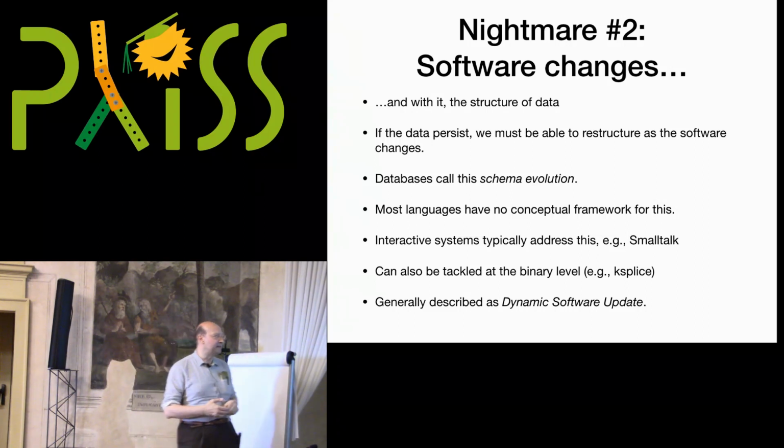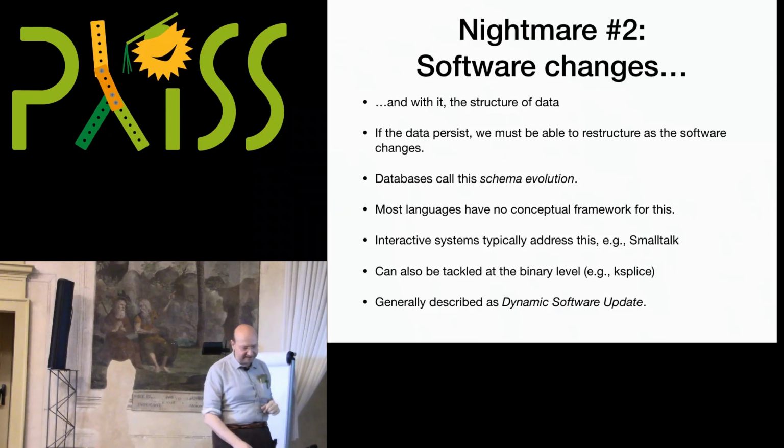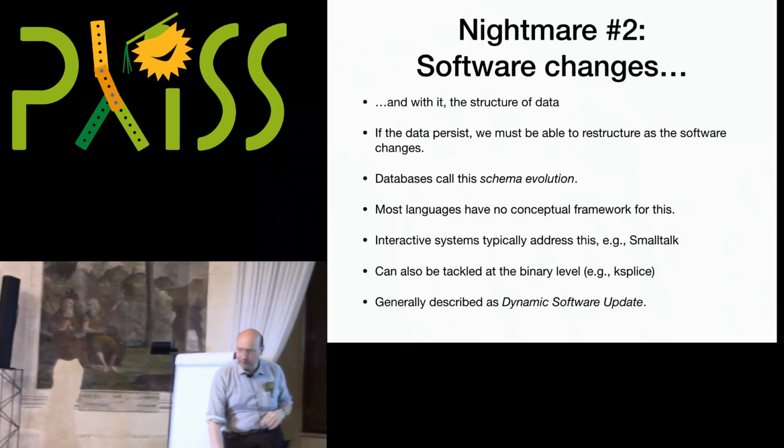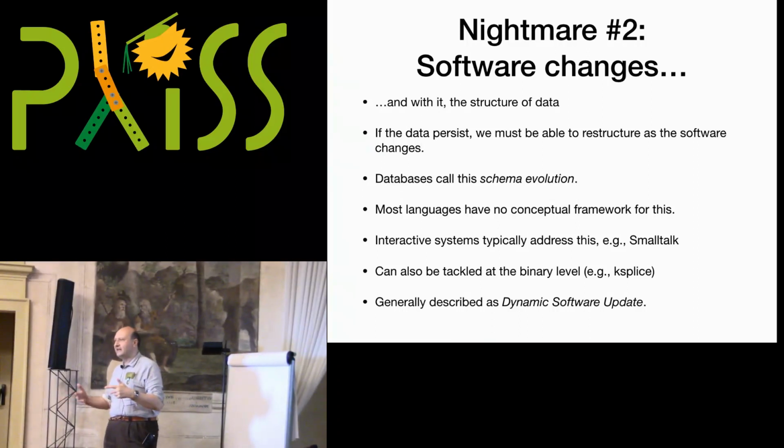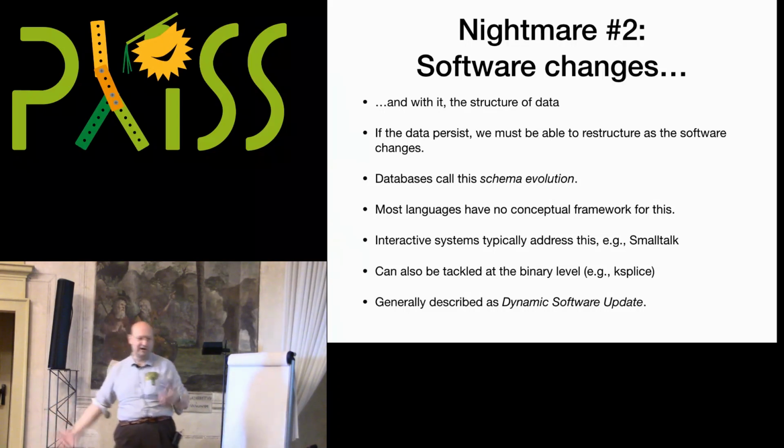There's been some work in this area, dynamic software update, but just a quick show of hands, who regularly modifies running programs here and evolves them? If you live in Smalltalk, you do. Is there anyone else who does that on a regular basis? No, it's not a common thing.